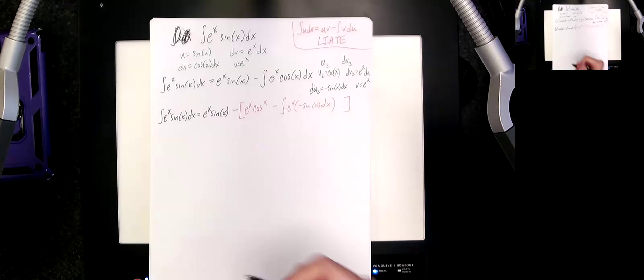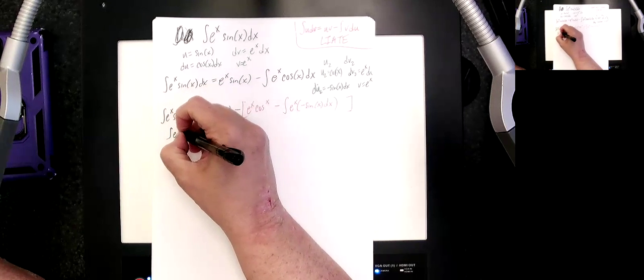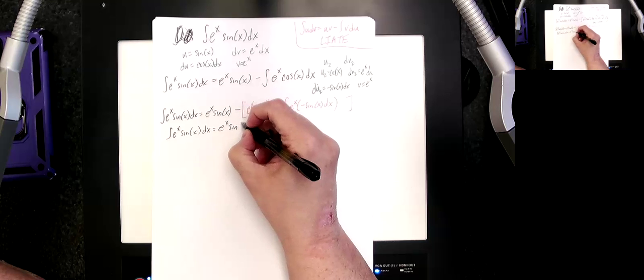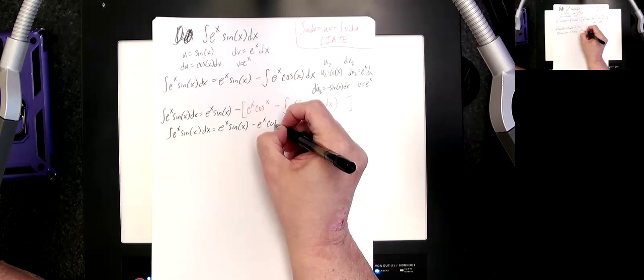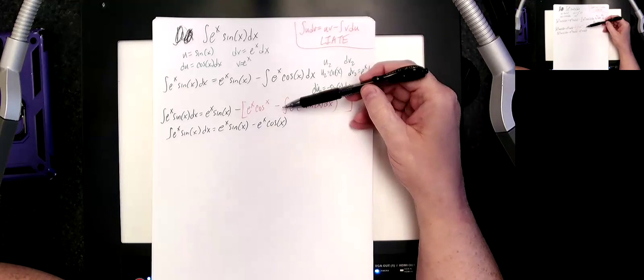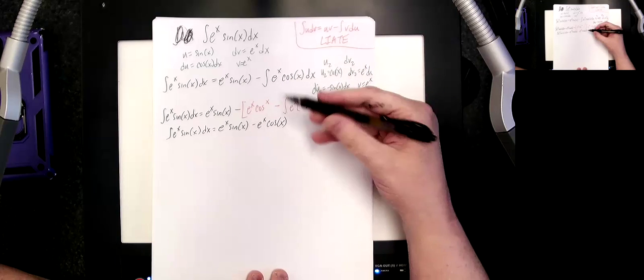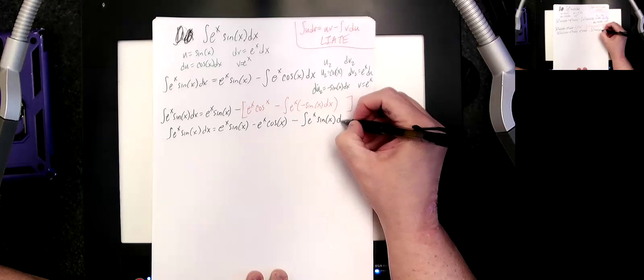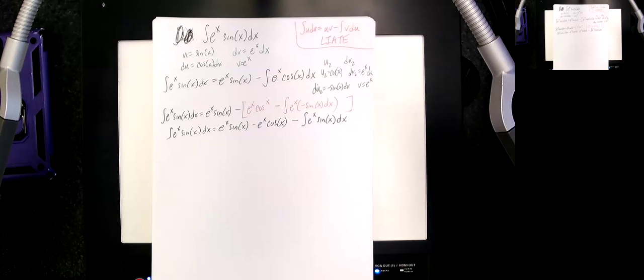Let's clean it up a little bit and see what we got. For this integral, I've got a minus, and a third minus, so 3 minuses is still negative: e to the x sine x dx. How does that help? We are back to where we started, aren't we? No, we're actually at the end.